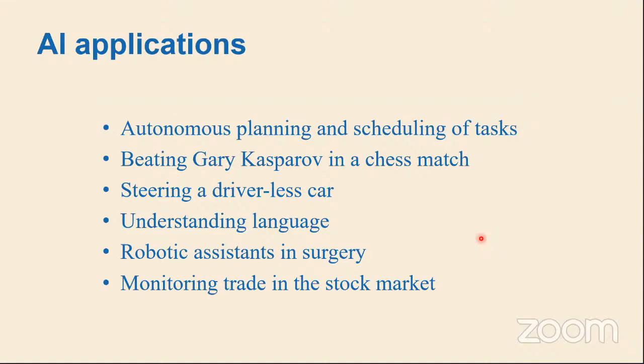We have said that artificial agents can be in hardware or software mode. The hardware mode is the autonomous planning and scheduling of tasks. The software mode is playing the chess game, where there is no actual hardware. You can just download the software and the artificial intelligence is present there.